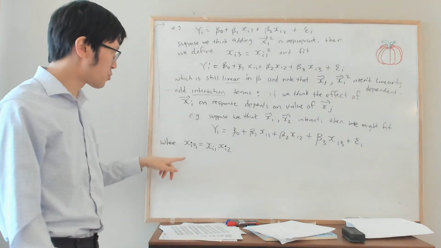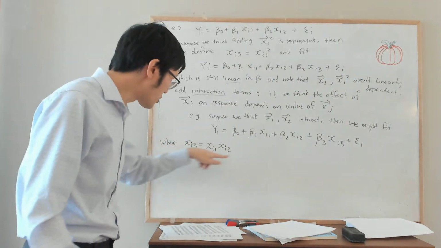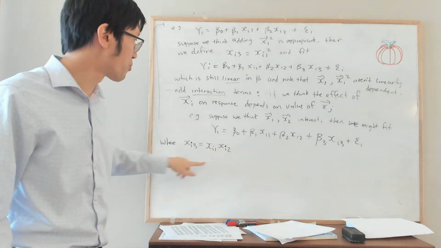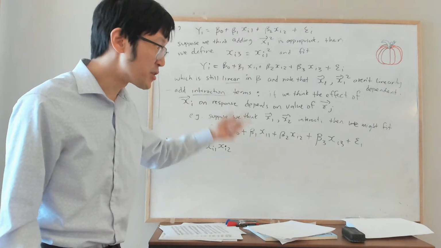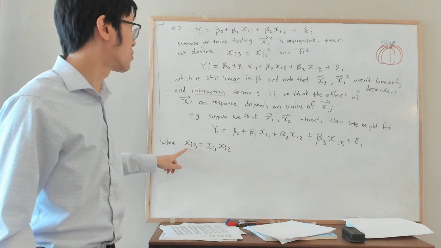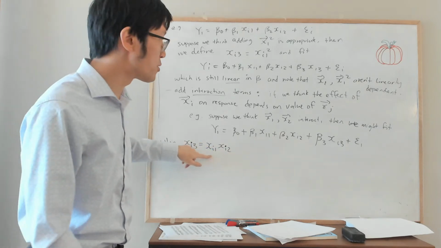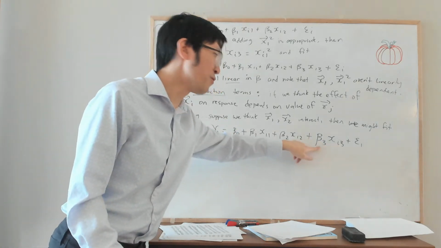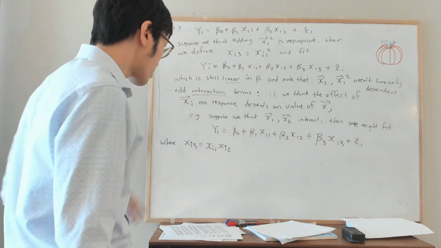We can throw in an additional explanatory variable, simply calculated from existing variables. In this case, to fit interaction, we could consider adding the product of two variables and fitting a linear model coefficient on that.